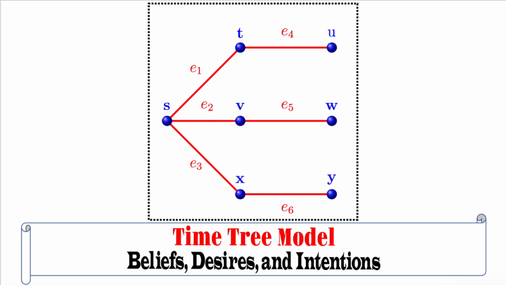The branches are treated as choices that the agent can choose to move from one time point to another time point. For example, there are three branches leaving time point S. The agent can go to time point T by executing event E sub 1, to time point V by executing event E sub 2, or to time point X by executing event E sub 3.